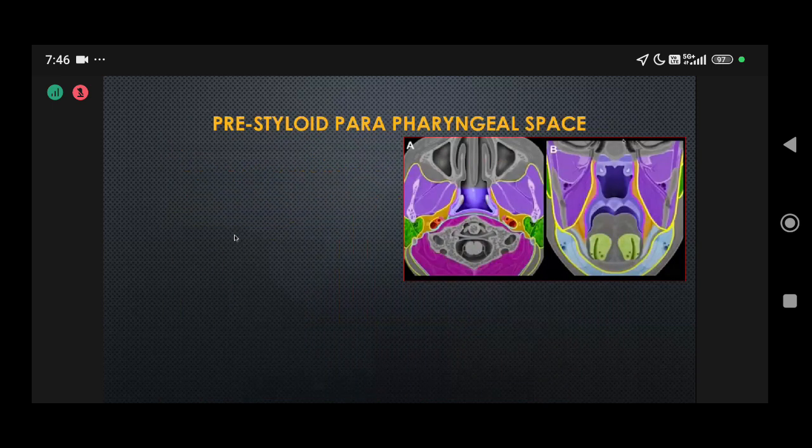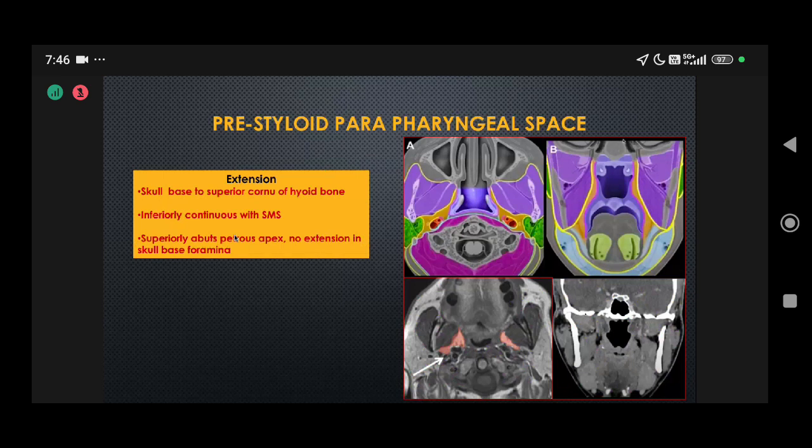Now the pre-styloid parapharyngeal space is a crescent shaped space, as we have seen on the CT scan, which extends from the skull base to the superior cornu of the hyoid bone, and inferiorly it is continuous with the submandibular space. Superiorly it abuts the petrous apex, with no extension into the skull base foramina. This is also very important. This is how you can see the pre-styloid parapharyngeal space on your MRI and CT scan.